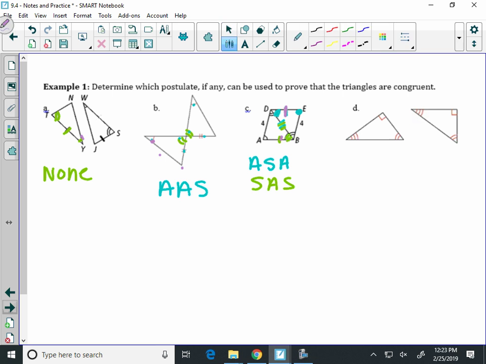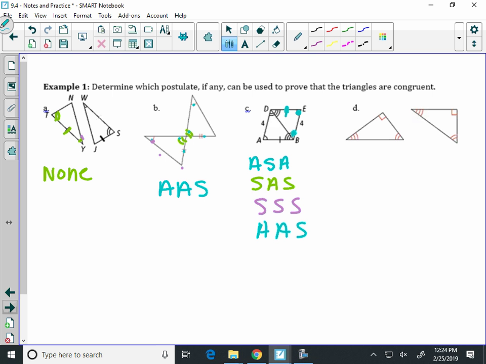These two sides are the same. These are both 4, so they're the same, and they shared this side. Side, side, side. Is there another one we could have used? Angle, angle, side. Very good. I'm going to erase what we marked. We have an angle, then an angle, then a side. Angle, angle, side. They all would have worked on this one. Any shortcut would work on that one.